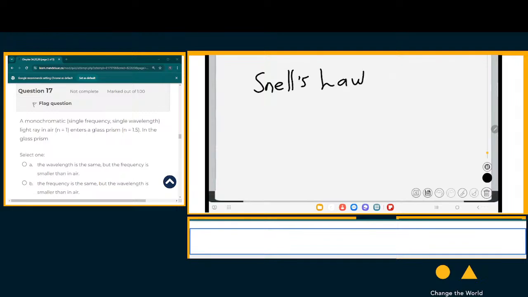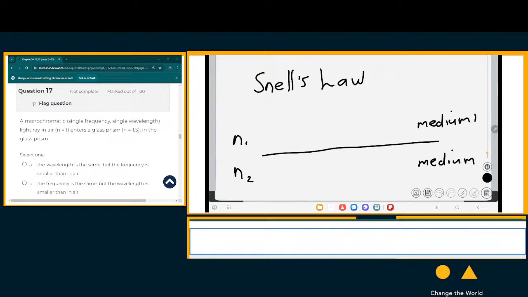simply states that if you have two media, let's say this is medium 1, and this is medium 2. And each of these two media has a different refractive index. Say this one is N1 and this one is N2.